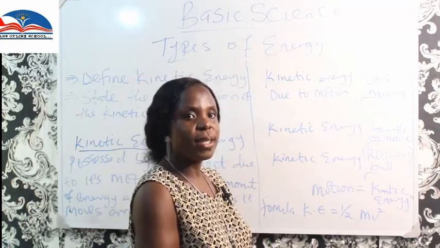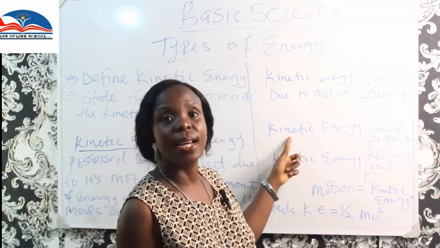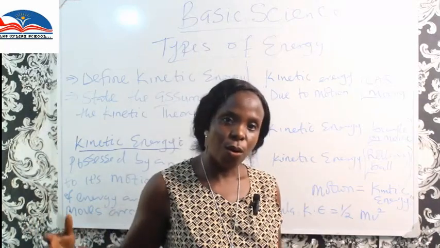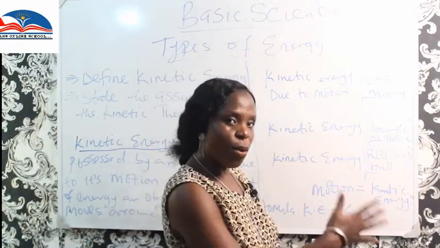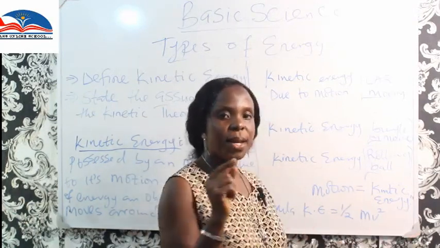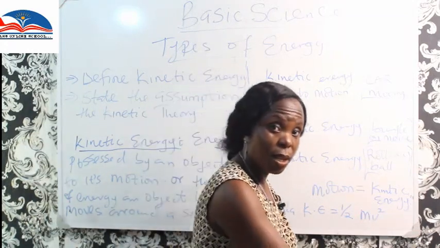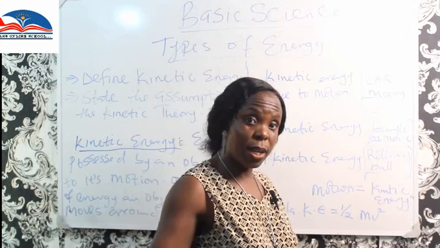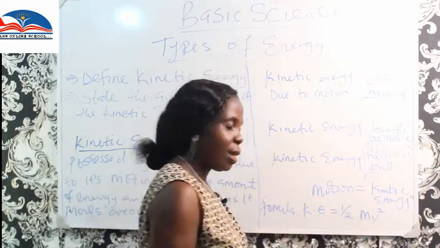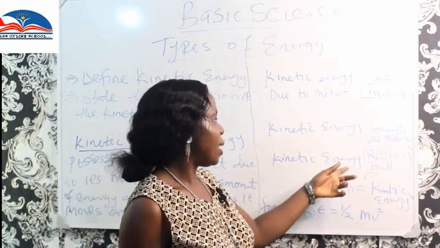The rolling of that bicycle makes the bicycle possess kinetic energy. Then, a rolling ball. You play a ball and it's rolling. The act of rolling makes that ball possess kinetic energy because it's moving.